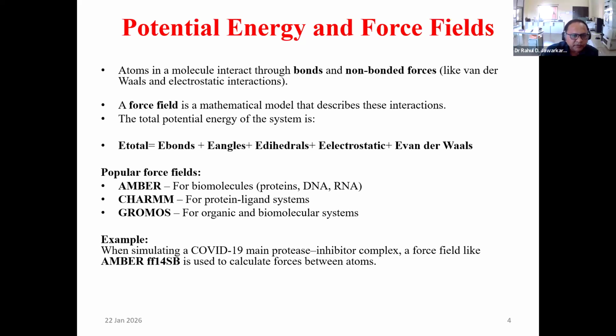Some force fields used to capture these changes happening to the atoms during the molecular dynamics simulation are as follows. AMBER is used for biomolecules like protein, DNA, and RNA. If you are going for the MD simulation of any macromolecule or biomolecule, then you have to select the force field called AMBER.